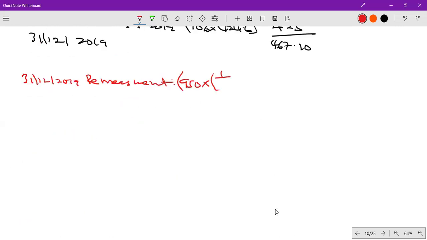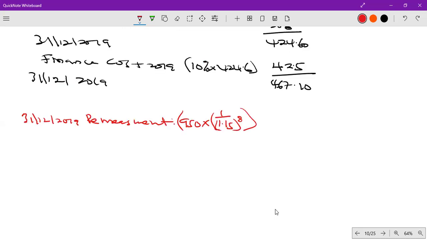So what is the remaining useful life of this asset? 1.15 raised to the power what? 8 years. Do we all agree it's 8 years? Yes, sir. Good. 8 years. So how much would that be?